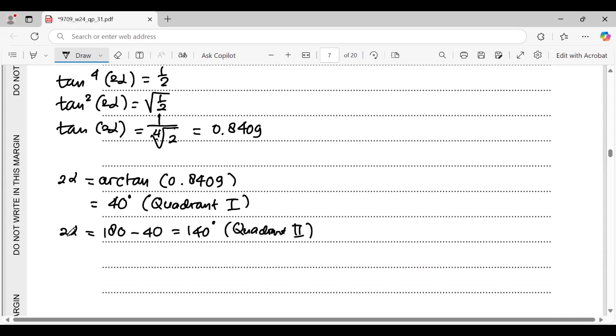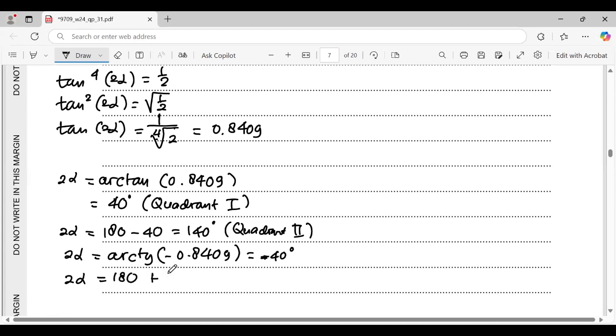And also we can find 2 alpha equals arctangent for the negative solution. Arctangent of minus 0.8409 is minus 40 degrees, or 2 alpha equals 180 plus 40, because it's minus.